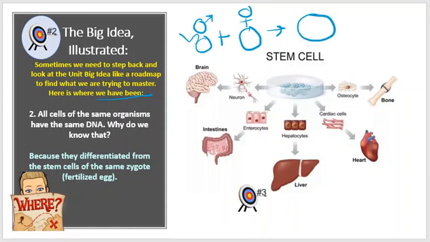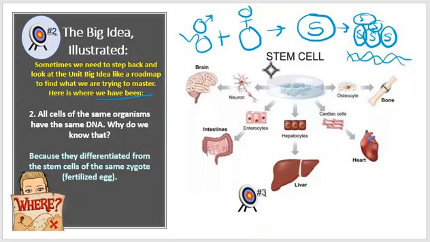A fertilized stem cell. That stem cell will make more cells just exactly like it, but all of those cells are blank in function. They are a clean slate, but they all have the same genetic code because they all have the same DNA that came from the same original stem cell.